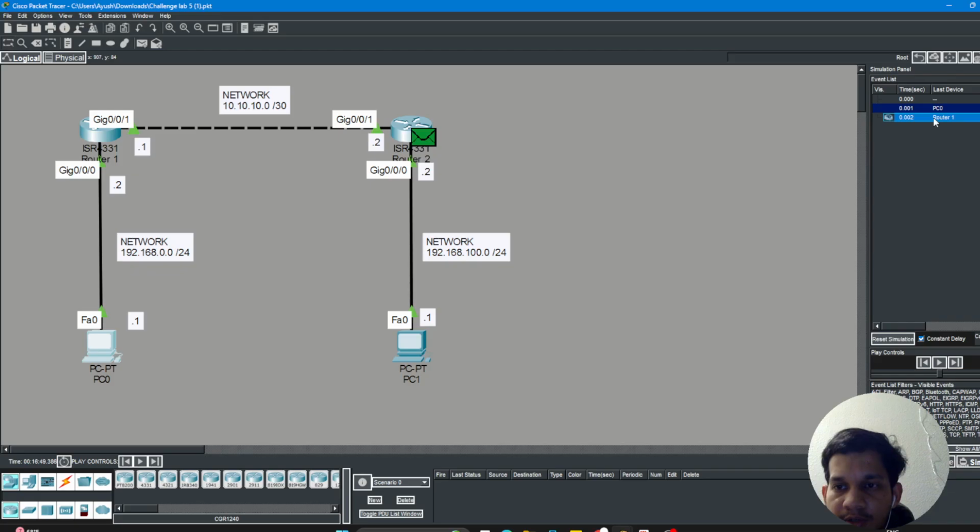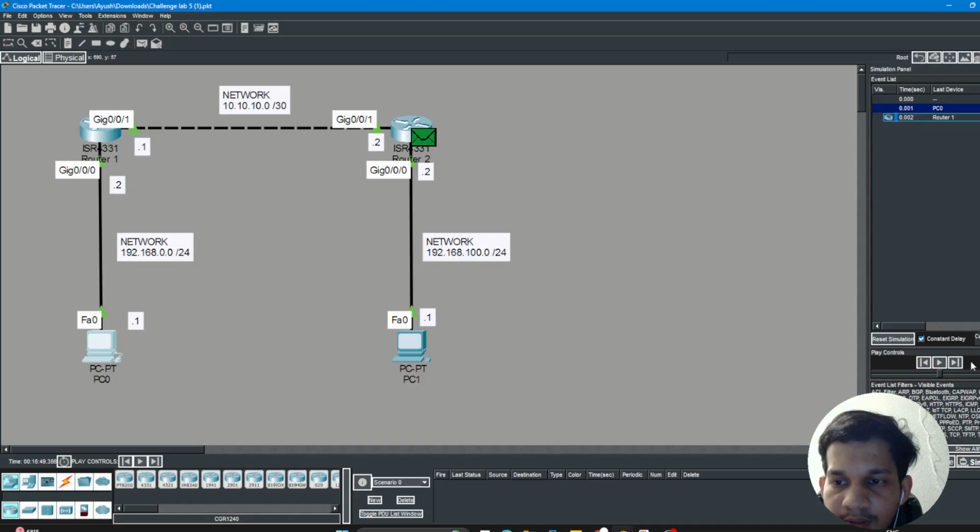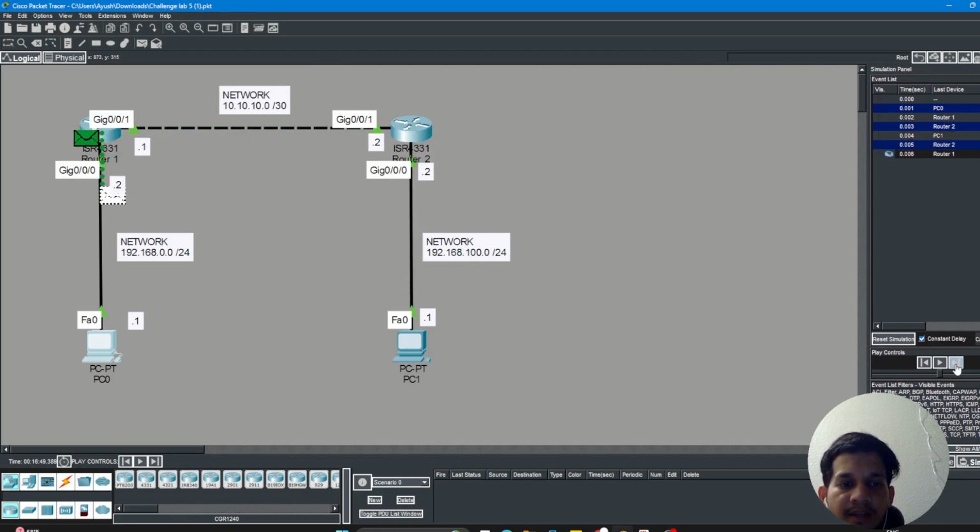When I click on router 2, you can see the IP source is 192.168.0.1, it's destined for 192.168.100.1, and the next hop is 10.10.10.2. Let's see one more packet further. It's being routed to 10.10.10.2, reached successfully, and then it goes back, completing the round trip.